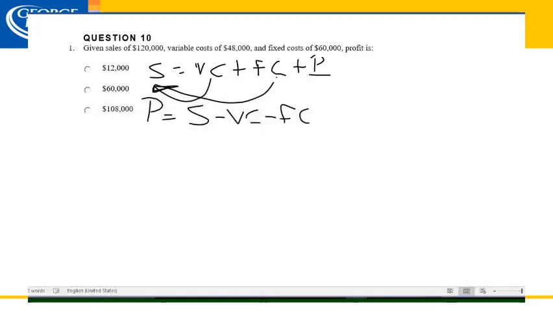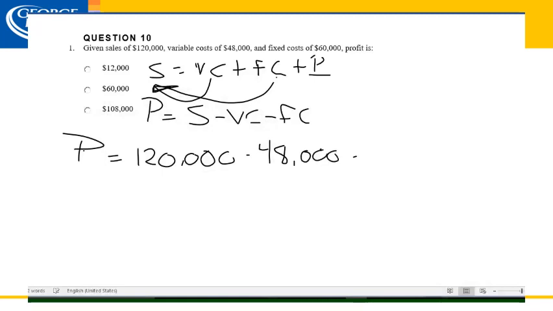Okay, so our profit then must equal 120,000 minus our variable costs of 48,000 minus our fixed costs of 60,000.